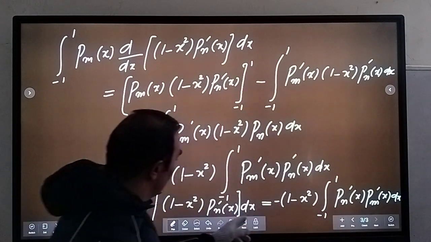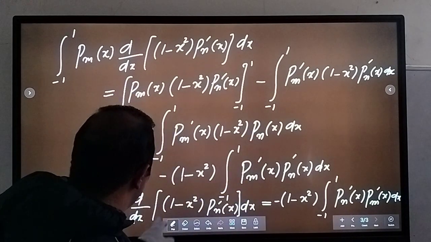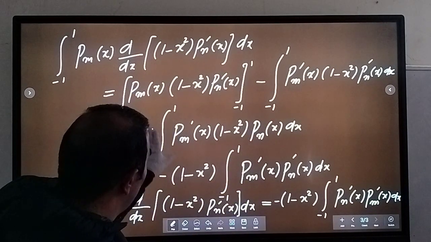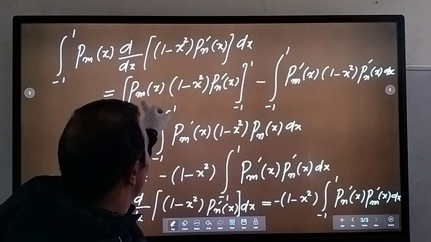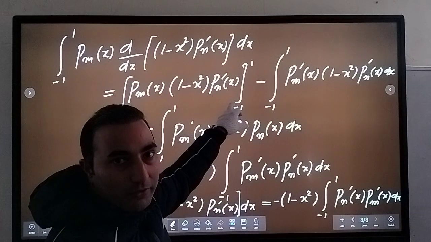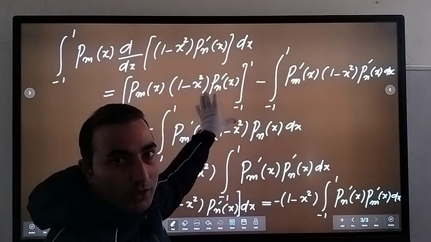Because when I integrate this, following the same procedure, if I integrate it by parts, I will get the same term again. Here instead of Pm of x I will get Pn of x, and here Pm dash of x. But again when I give the limit from -1 to +1, this term will be 0 here.